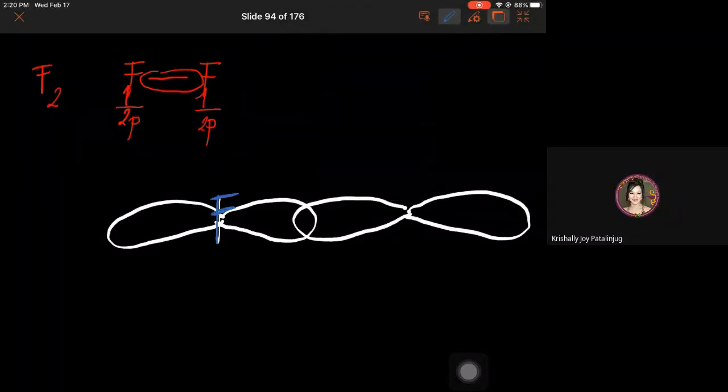Ito yung half-filled 2p niya. Then, ito yung isang fluorine on the right side. Ito yung half-filled naman niya na 2p orbital.